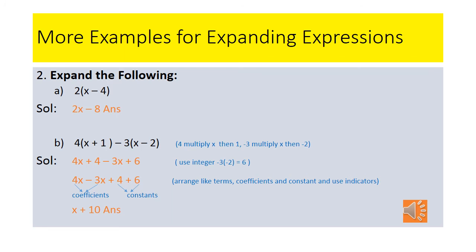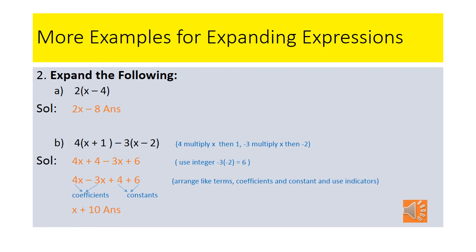In example 2, we have 4 in bracket x plus 1 minus 3 in bracket x minus 2. Now 4 is multiplied with x, it becomes 4x. 4 is multiplied by 1, it becomes 4, and because the sign of 4 is plus and the sign of 1 is also plus, it is plus.